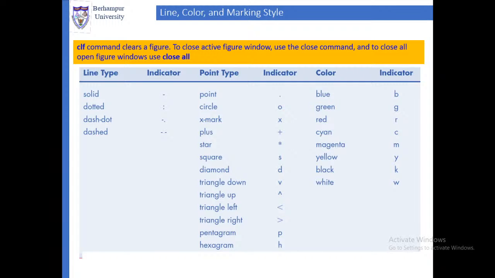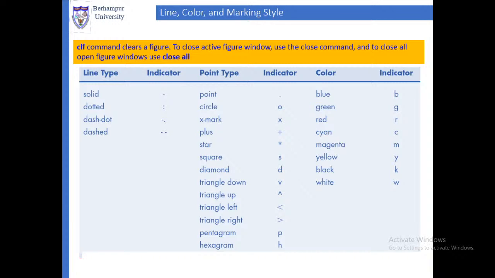Now different line types. You can have a solid line, you can have dotted line, you can have dashed dot line, you can have dashed line. So these are the symbols for those things. So for solid line, indicator is only a single dash, dotted line is the colon, dash dot line is a dash, then dot, and dashed line is double dash.